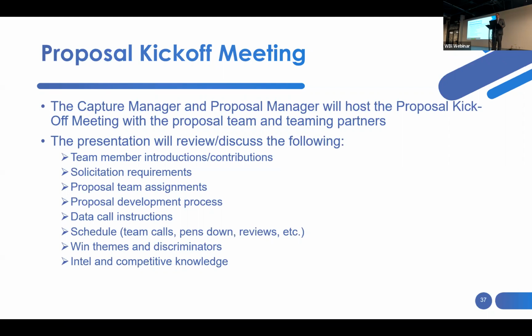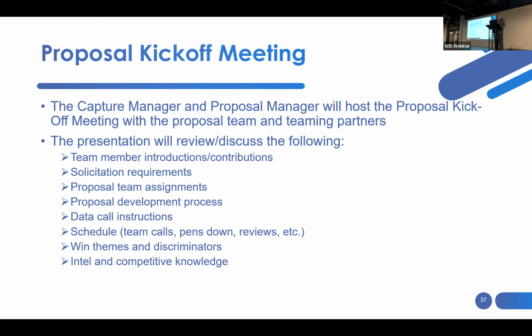So when you're doing the teaming process and the capture and all that, you're doing gap analysis. You're sending out either a spreadsheet or maybe a Word document where you have all the requirements for the solicitation. And you ask your teammates, okay, which of these pieces can you do, which can't you do? And what level of experience?